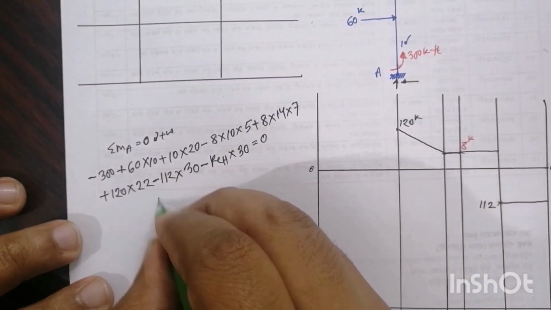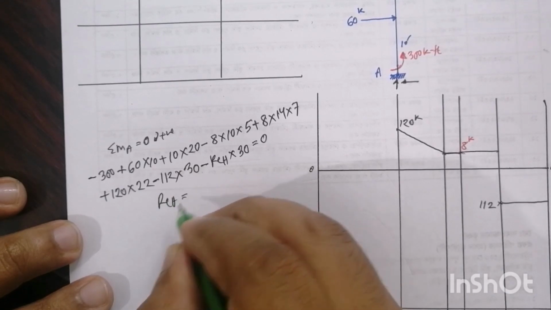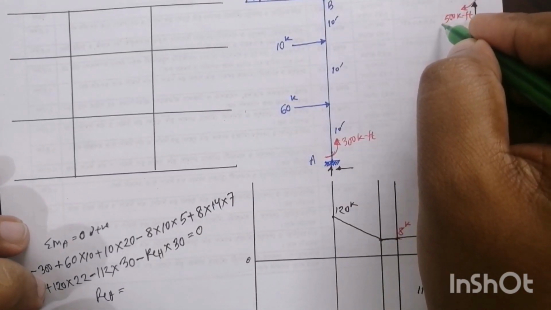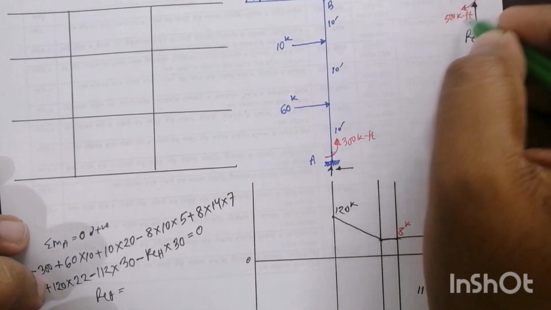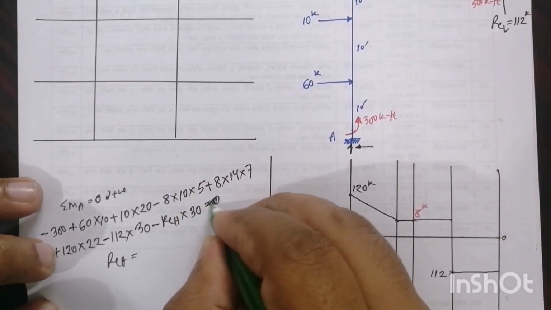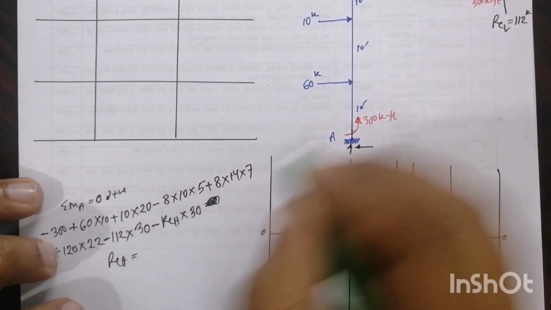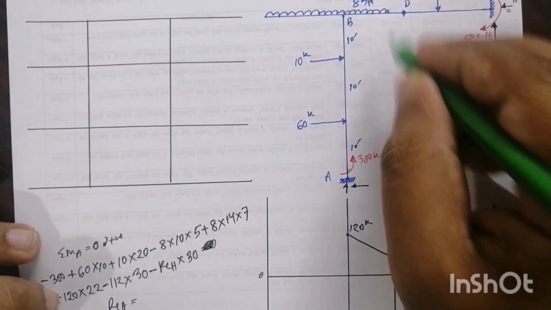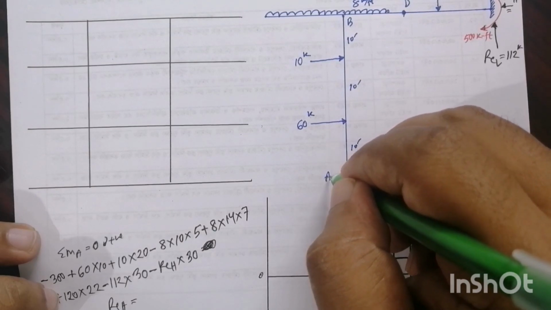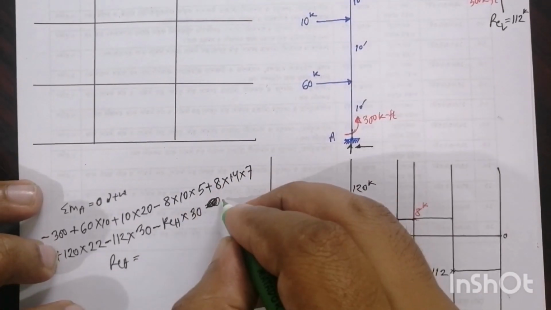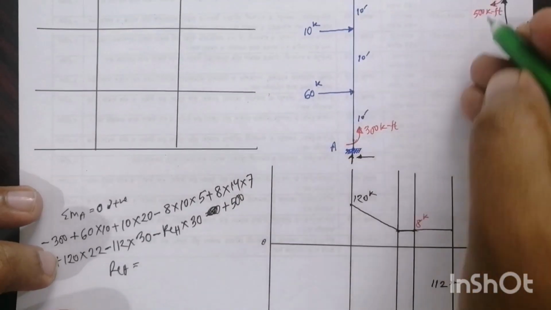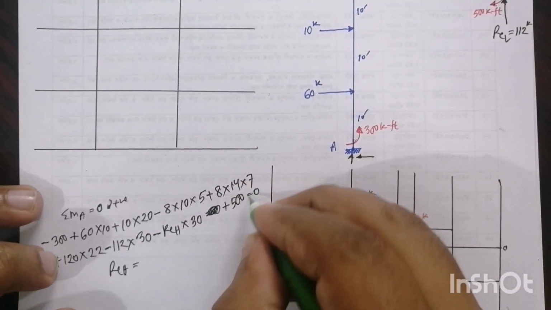So by calculating this, we get RC horizontal equal to, sorry, here we made a mistake, we didn't consider this 500 kip-feet moment. So here this is also clockwise with respect to this, clockwise means plus 500 kip-feet moment equal to 0.